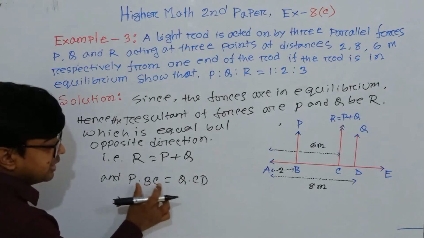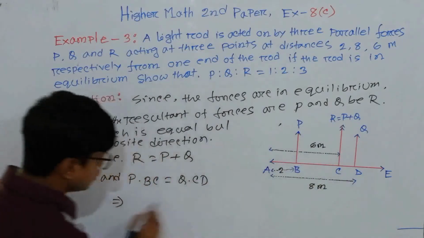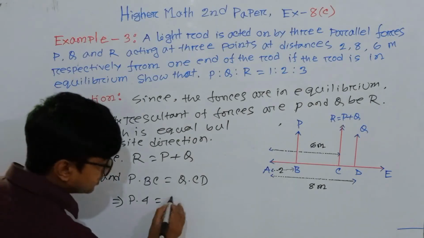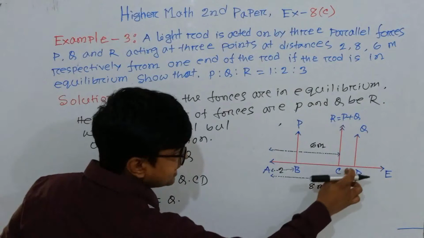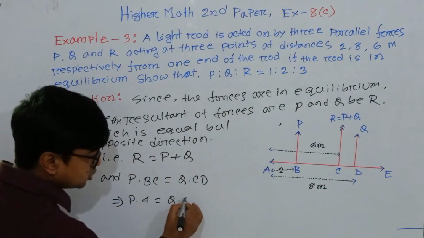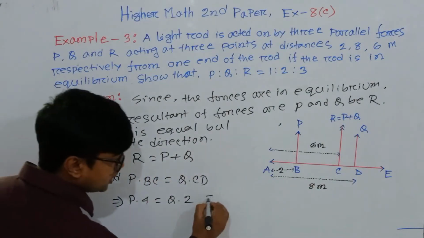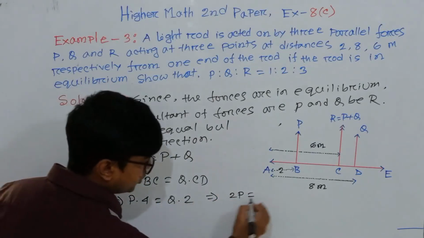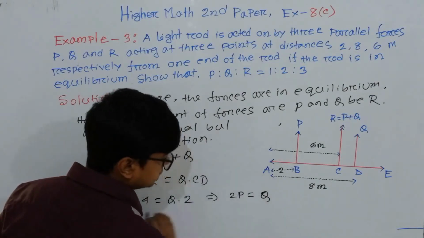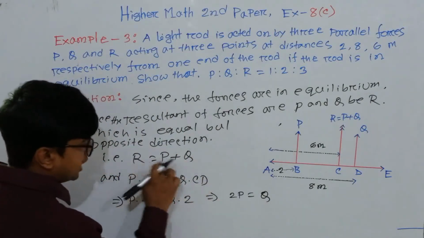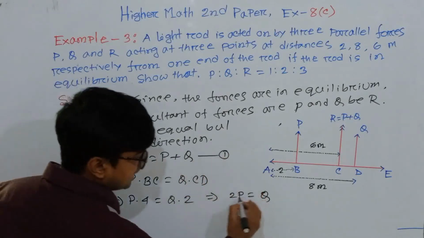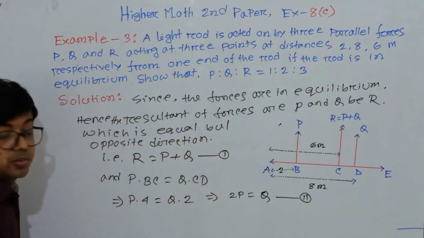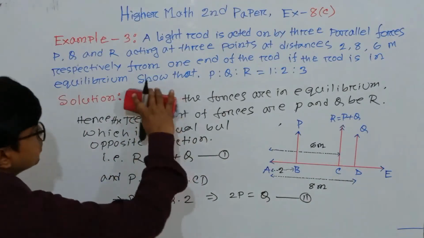Here the value of BC equals 4, that's why P into 4 equals Q into CD. CD equals 2, and after this line we can write 2P equals Q. Here R equals P plus Q is equation number 1, and 2P equals Q is equation number 2.